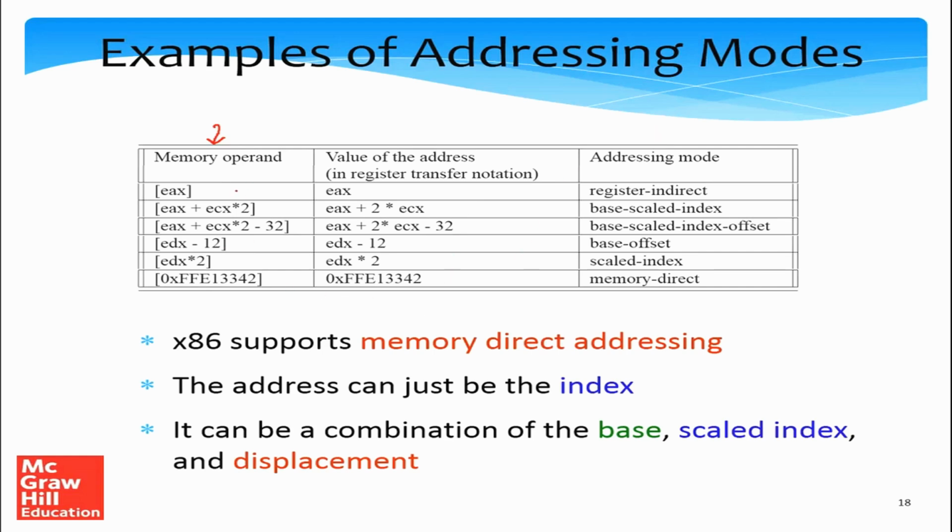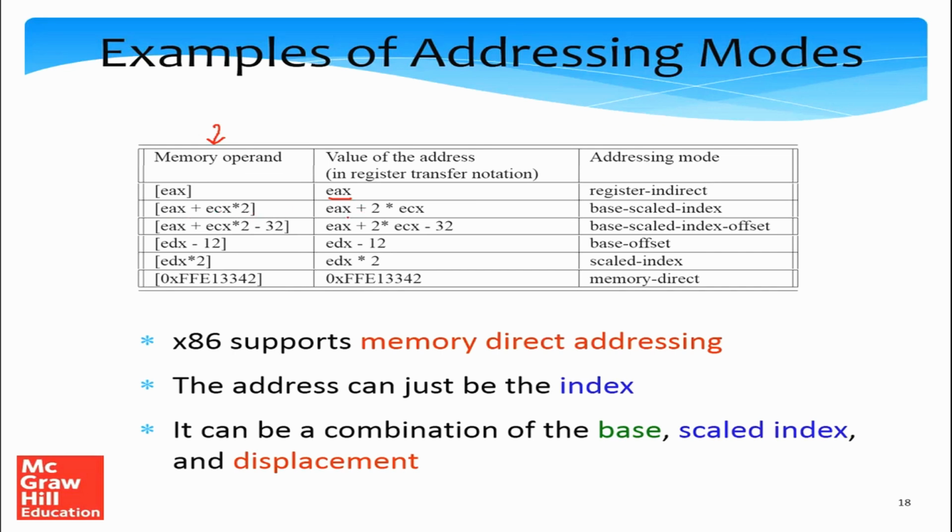x86 supports many kinds of addressing modes. One of the basic modes is the register indirect addressing mode, where the value of the memory address is stored in EAX. We represent it as EAX with square brackets on both sides. Then we can have a base and scaled index addressing mode, where the address can be represented as EAX plus ECX multiplied by 2.